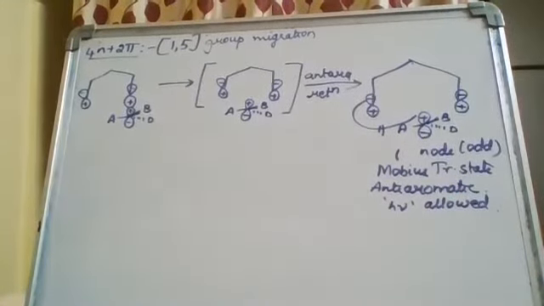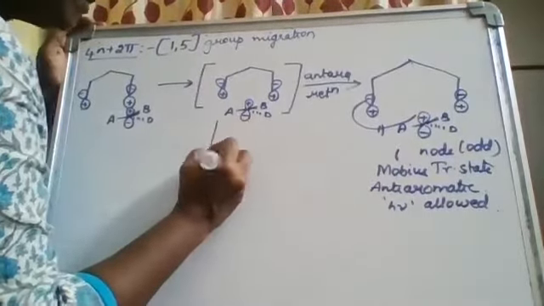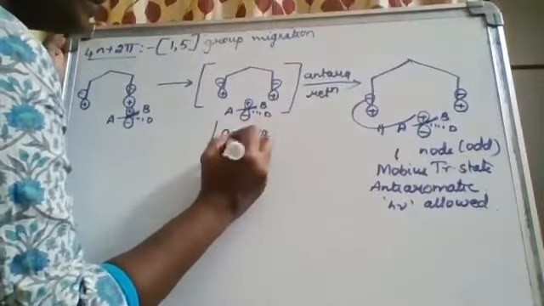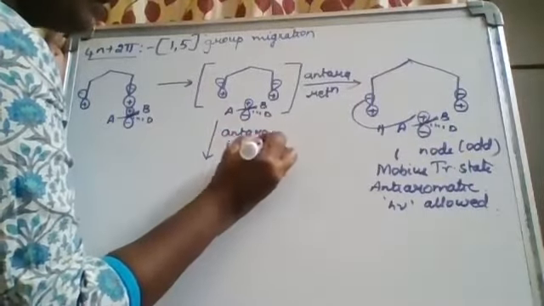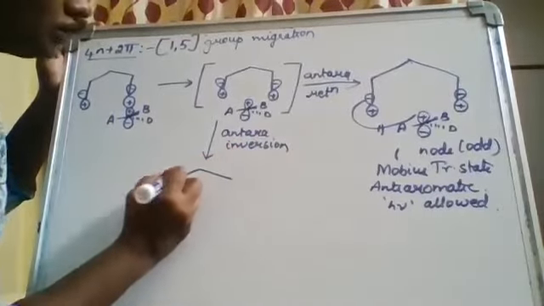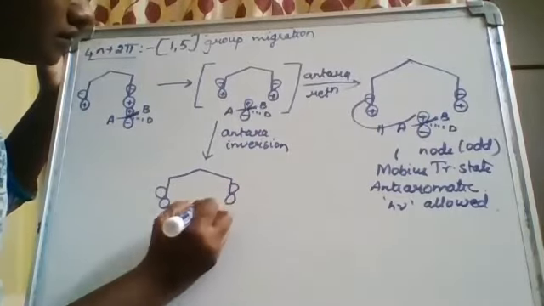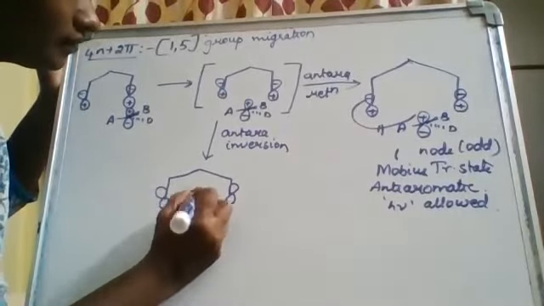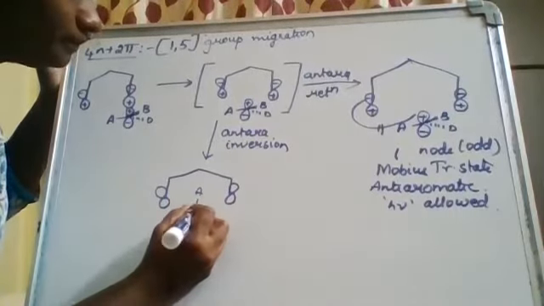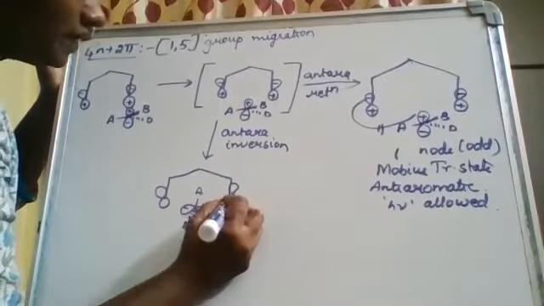Now, go for the group migration antarafacially with inversion of configuration. Inversion of configuration, rotate the molecule by a 90-degree turn. It's a chiral molecule. Below the plane, above the plane.